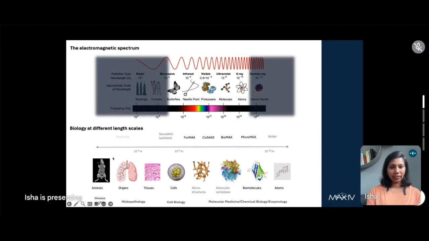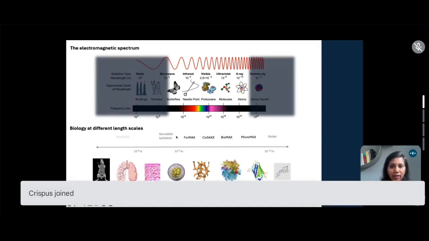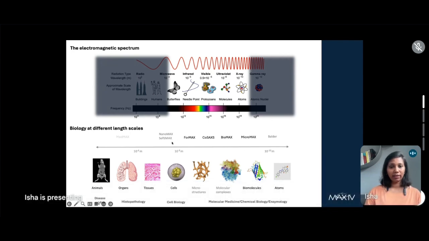So those are soft X-rays, where we will use Mid-MAX, which we still have not got funding for, but you can use it to see animals, organs, tissues. We already have NanoMAX and SoftiMAX working in the soft X-ray range, and there you can see cells and microstructures, like how the nerves in the brain are organized.